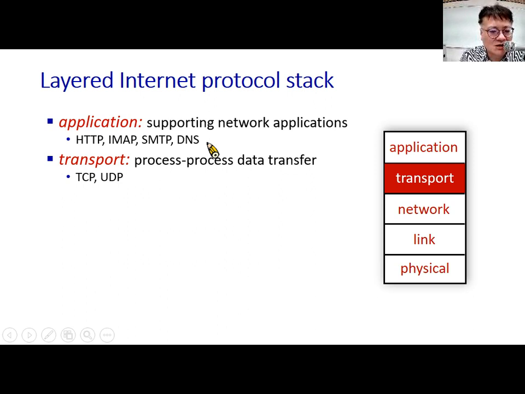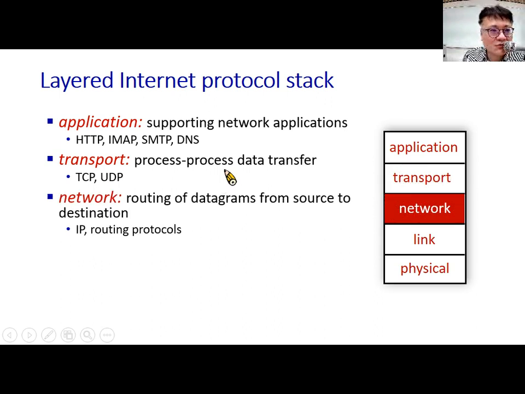The transport layer processes the data transfer, TCP or UDP, right? TCP we call the non-real-time service, like email. UDP we call the real-time service, like streaming or video conference. TCP provides reliable packet data, and UDP is unreliable packet data. That's in the transport layer.